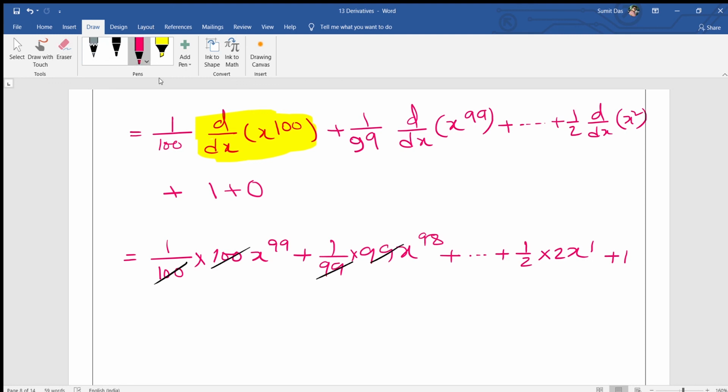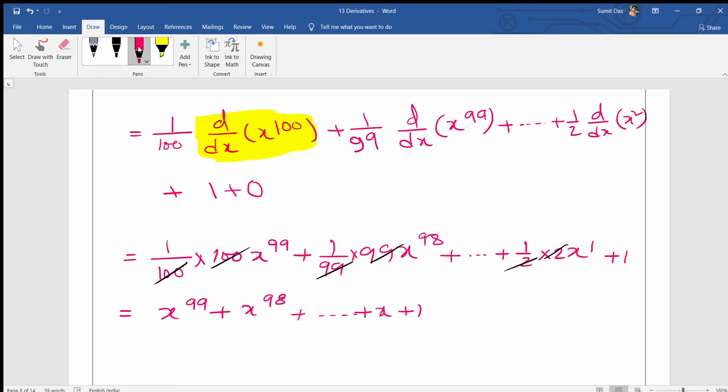So what will I get here? x to the power 99 plus x to the power 98, like this continuing. Here also 2 and 2 cancel, so I'll get x and 1.